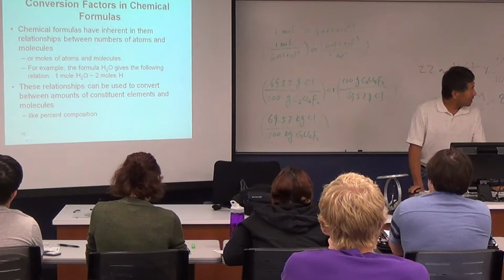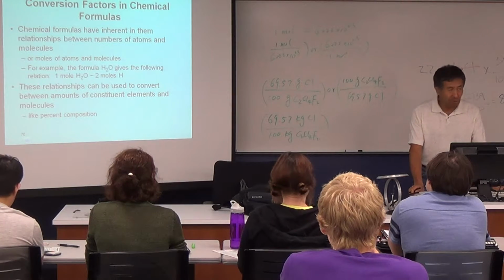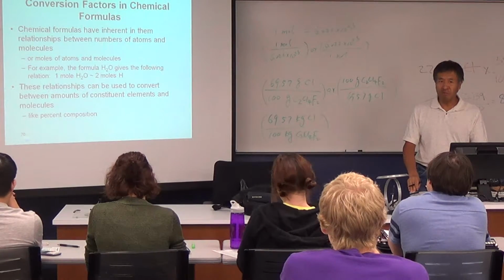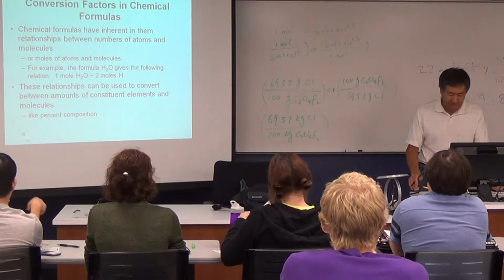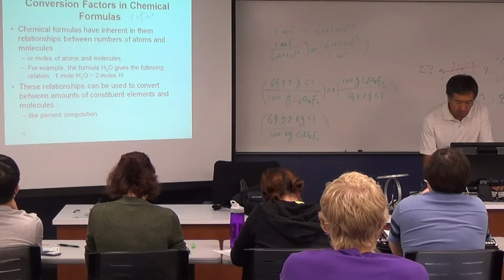Right, so now let's study those so-called conversion factors in chemical formulas. I already mentioned them briefly in that aspirin problem. Remember in that aspirin problem, what we calculated is 325 milligram.